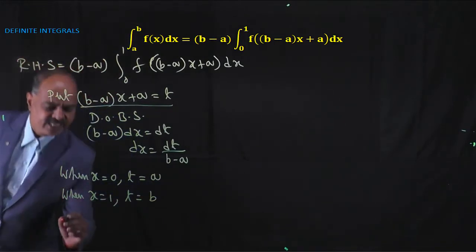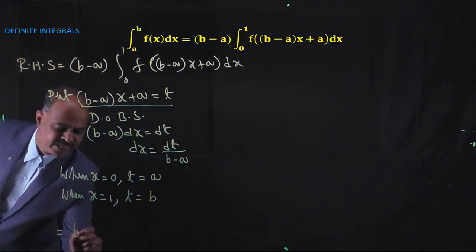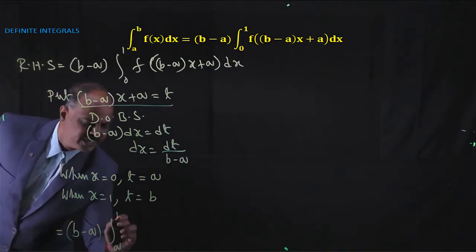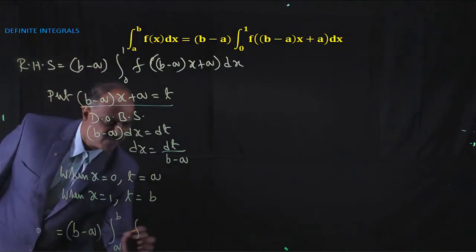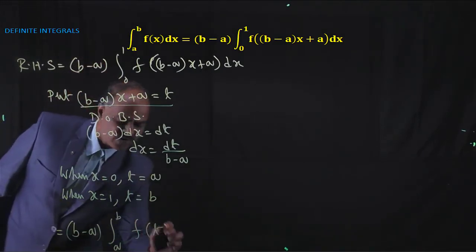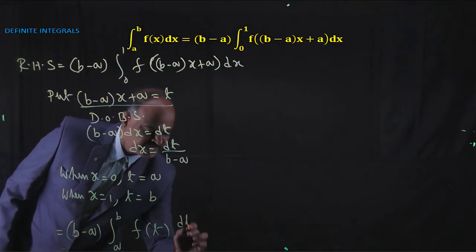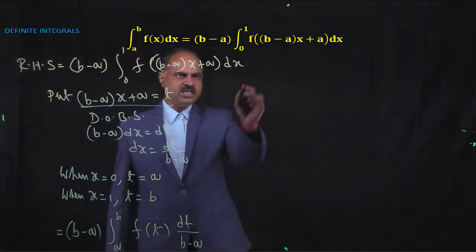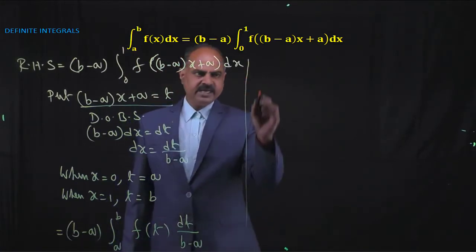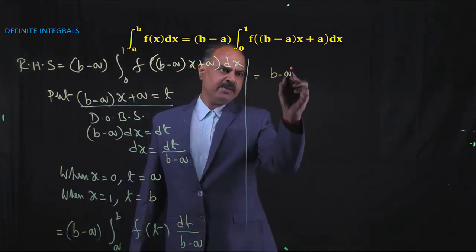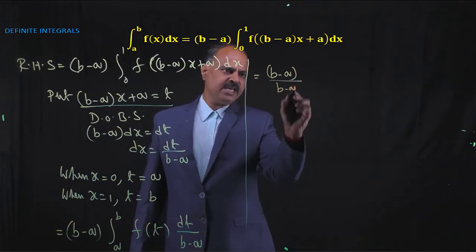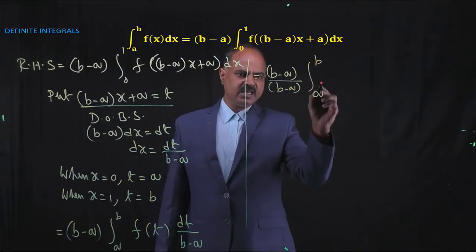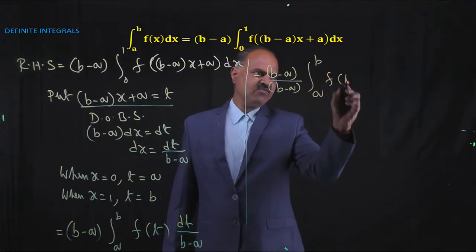Now the given integral becomes (b minus a) times integral a to b f of t into dt by (b minus a). Now this is equal to (b minus a) by (b minus a) times integral a to b f of t dt.